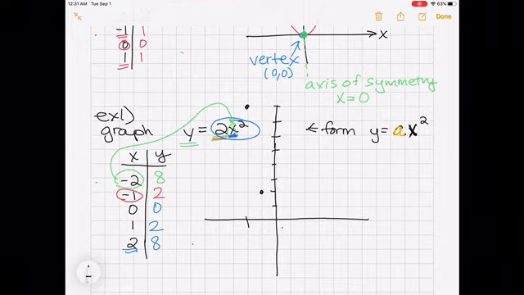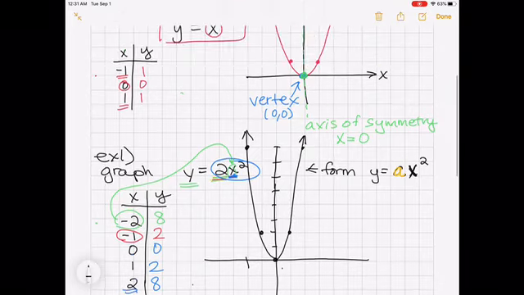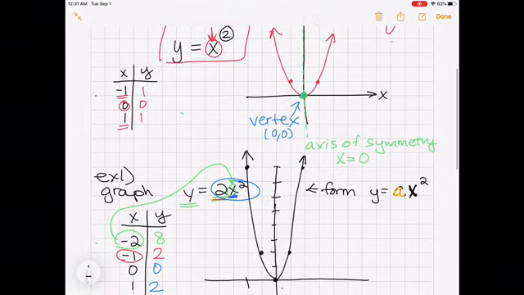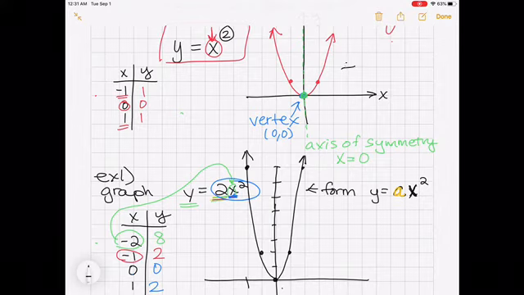Negative 1 comma 2. 0, 0. 1 comma 2 and 2 comma 8. And this is the shape of our parabola. It looks a little different. Not much, I mean, it still has the U shape, but do you see how it's a little bit skinnier than the parent function of y equals x squared? We call this our parent function.